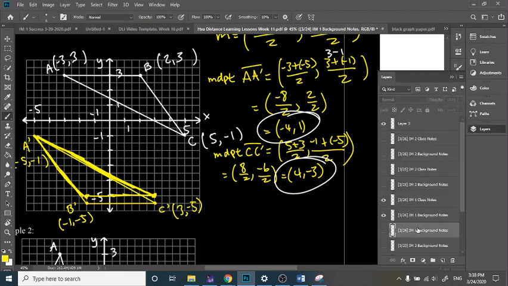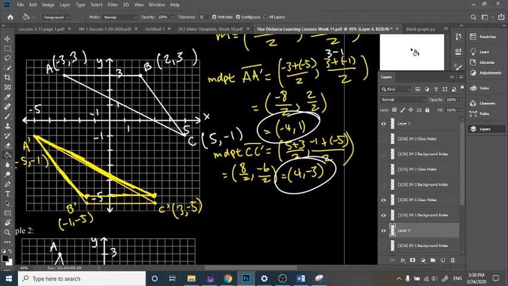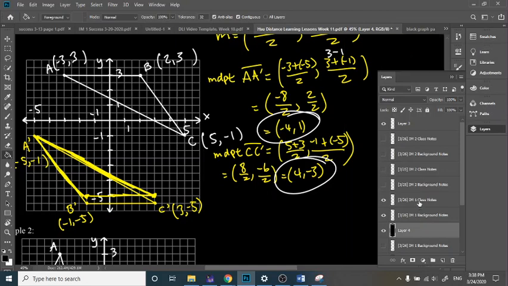Let's do this. So that should make the whole thing black. Great. And then to get the yellow back, let's do that. Cool.